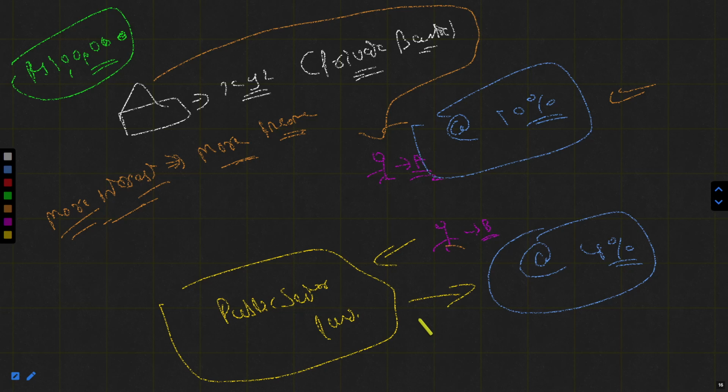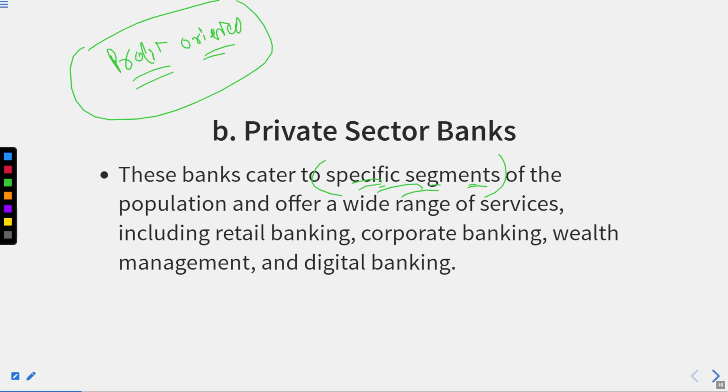So remember, in such a case it becomes a specific segment, because both are part of the population, but they focused only on A. But in the PSB, both A and B will be catered. All right, so remember this thing. Specific segments could be preferred by the private sector banks because they are focusing on earning profit.